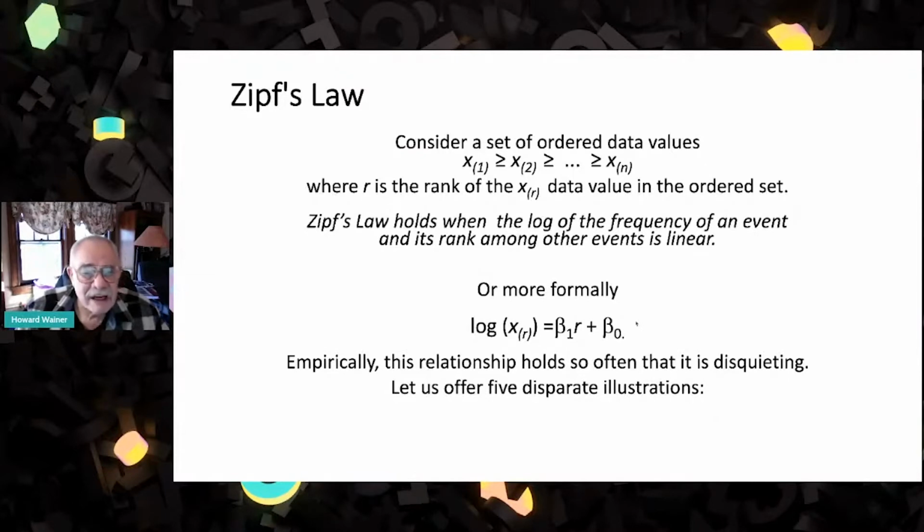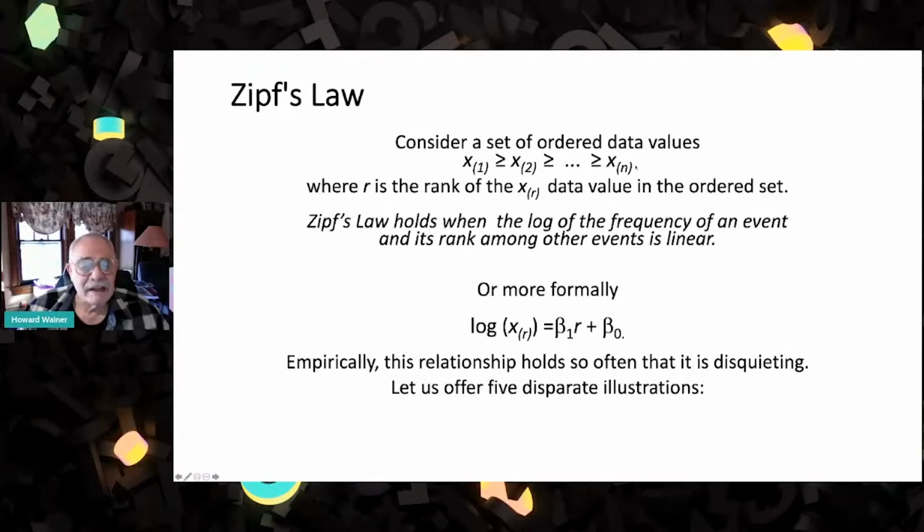And so he said, if you take a whole corpus of words, a whole book or many books, and you keep track of how often each word is used, you can get the rank of that word. So the word with the highest rank is the one that's used the most. The word with the second highest rank is the word that's used the second most, and so on. So X1 might be the rank of the in English, and XN might be the rank of bitty cat in English.